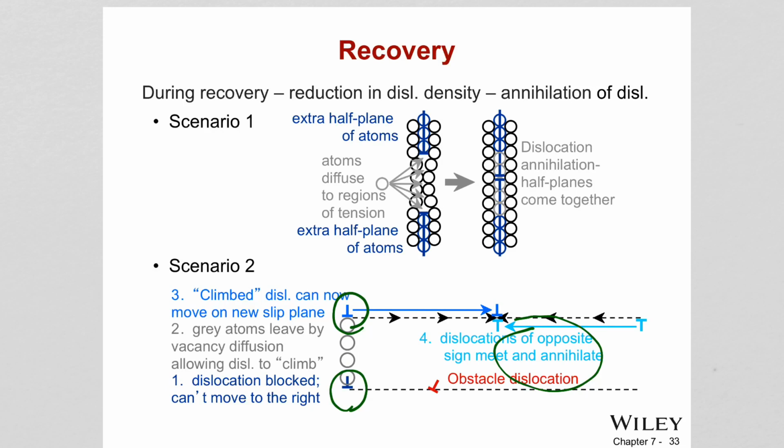So the gray atoms leave by vacancy diffusion, allowing the dislocation to climb. When the dislocation climbs, it can get on the same slip plane as the other one. Then they experience annihilation of those dislocations. Also remember, vacancy diffusion increases as we increase the temperature, right?